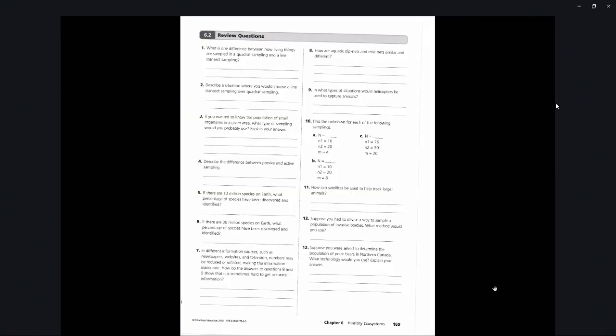So if you pick a technology, I'm going to guess you're not going to say quadrant sampling. I'm going to guess that. Or line sampling for that matter. But whichever one you pick, all you have to do is support your answer by letting me know why you picked that form of sampling, and that was worth 2 marks.